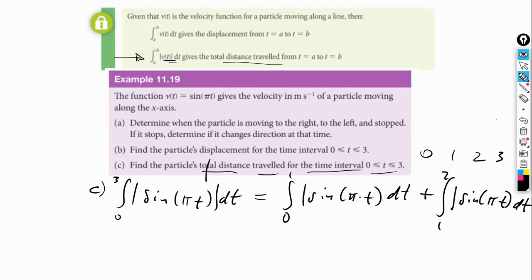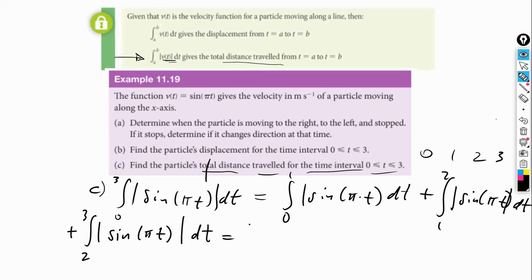So let's not forget the absolute value there. And finally, plus the integration from 2 to 3 seconds, again, of the absolute value of sine of pi t dt.